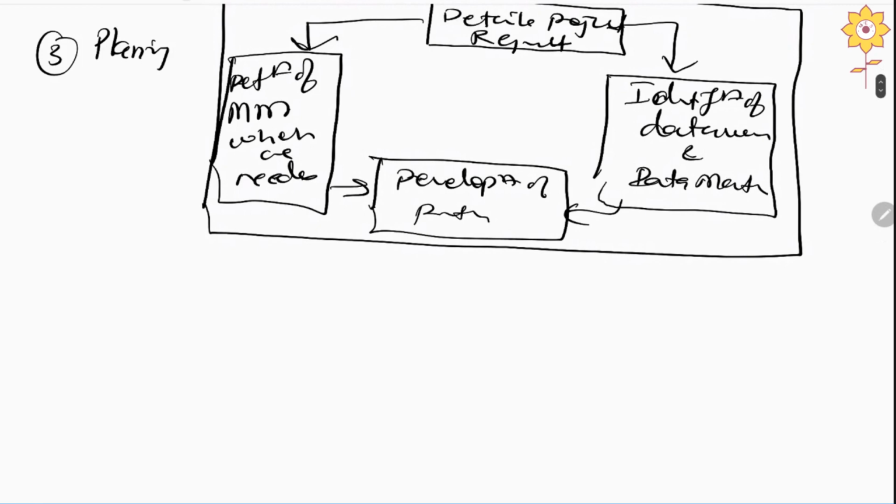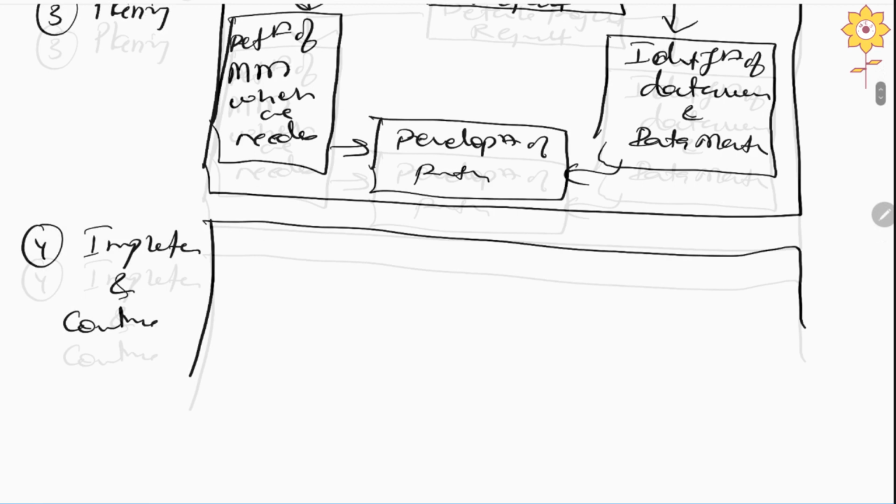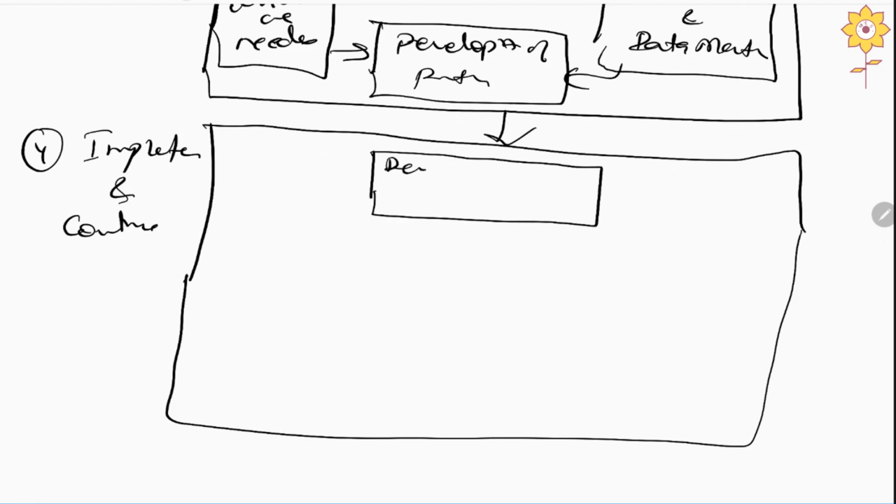Moving towards the last phase of the development phases, we have implementation and control. So, these are the 4 different phases which are involved in development of BI system. Now, in our fourth phase, that is implementation and control, again we have some sub components available over here, starting with the first component, which is development of data warehouse and data mart.